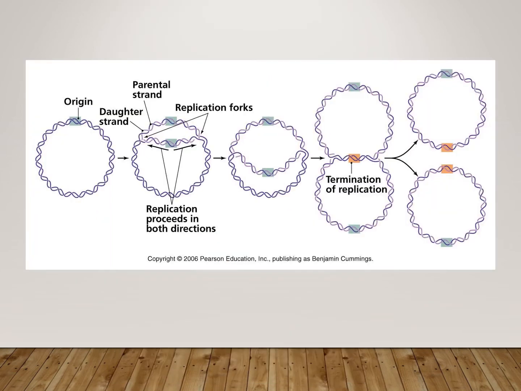So you see the entire process of DNA replication. This is initiation, then elongation, and this is the termination of replication, where these are catenates, and these catenates are separated by topoisomerase 4. So this is the entire process of DNA replication.